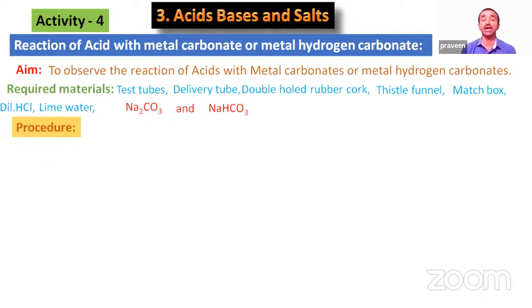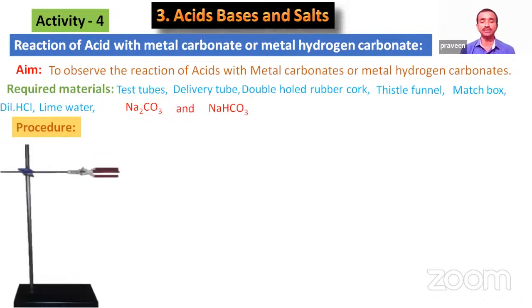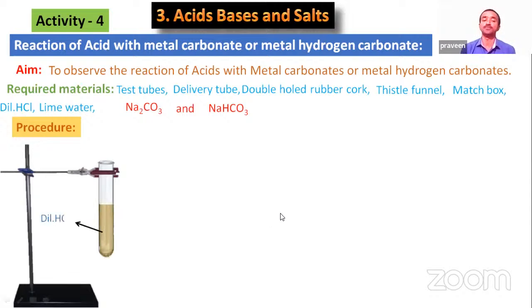Next, complete the procedure and note down the observations. In the procedure, we take the laboratory stand and fix a glass tube to the retort stand. So the test tube is fixed to the retort stand. First of all, I am filling this with the acid, dilute HCl.